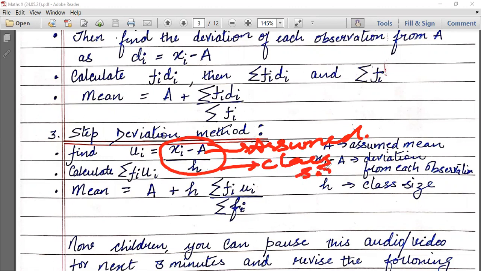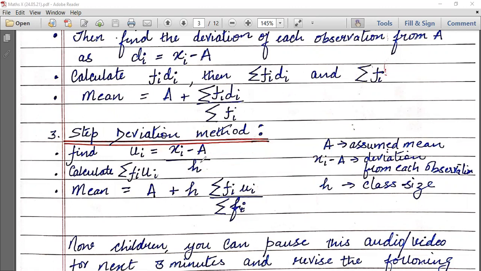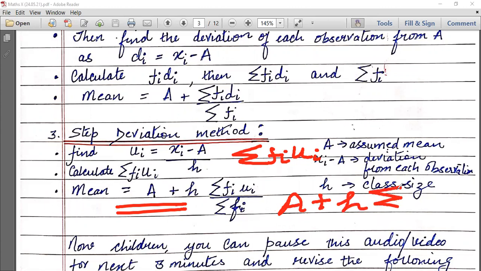If the class sizes are the same, then you will use this method. So first you will find ui with the formula xi minus a upon h. Then you will calculate the sum of all fi ui. Okay, and the formula of mean is assumed mean plus h times summation fi ui upon summation fi.